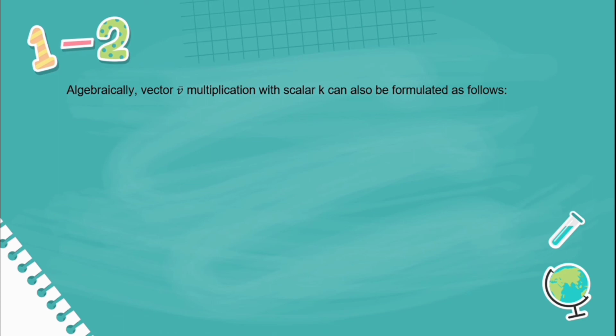Algebraically, vector v multiplication with scalar k can also be formulated as follows. k multiplied by vector v equals (k multiplied by v1, k multiplied by v2).